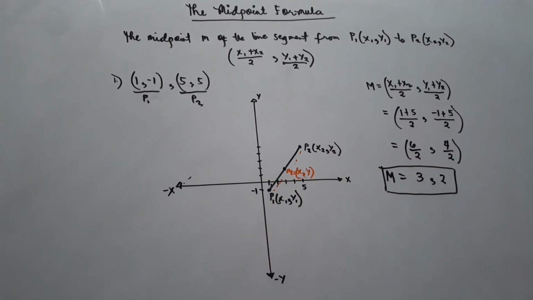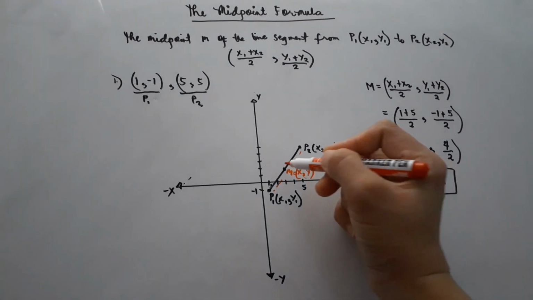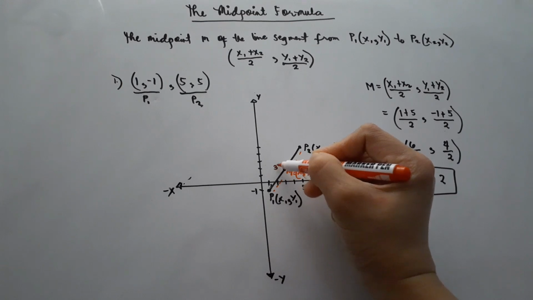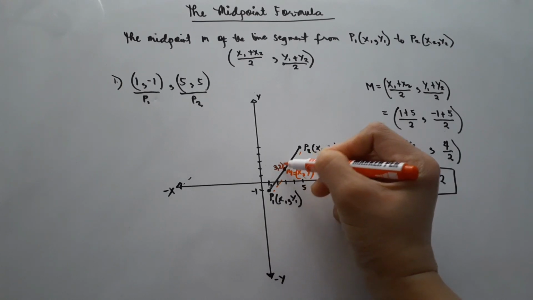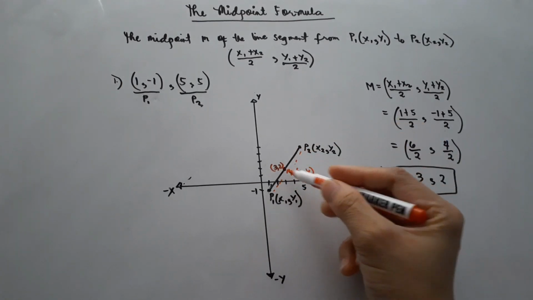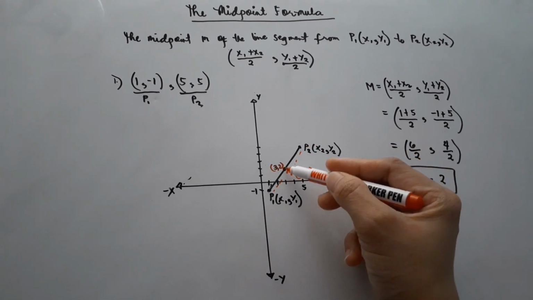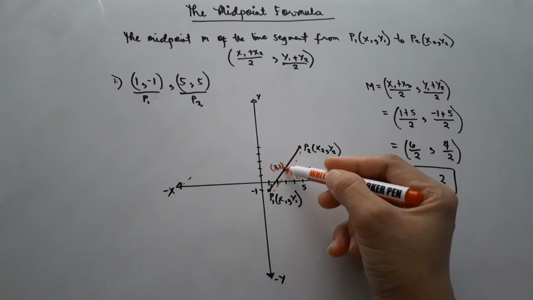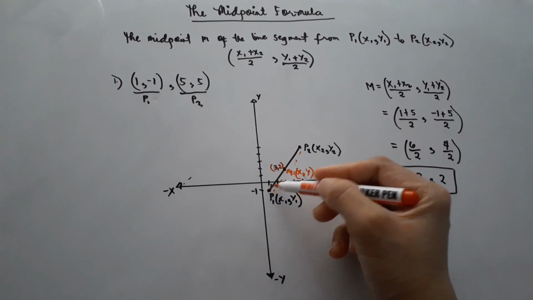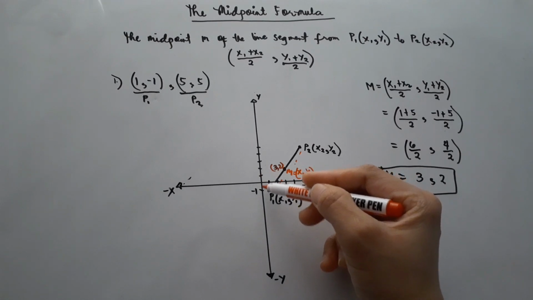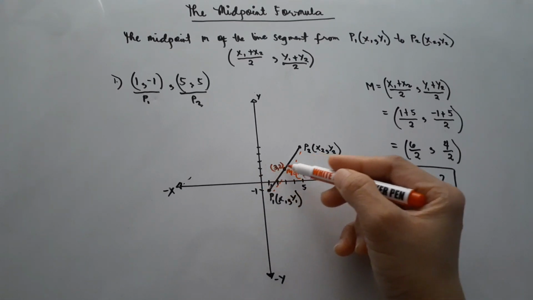So remember that the midpoint is the equidistance of each endpoint. And then if we put from here, we have 3 and 2. Let's see if the midpoint is equidistant to its endpoints. We count from the midpoint going upward and going downward.